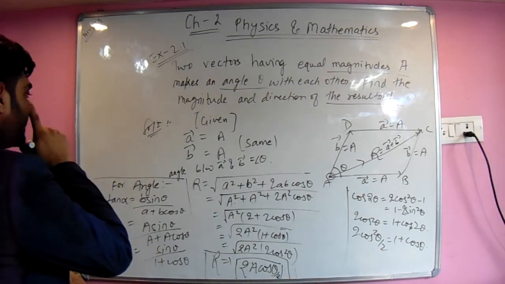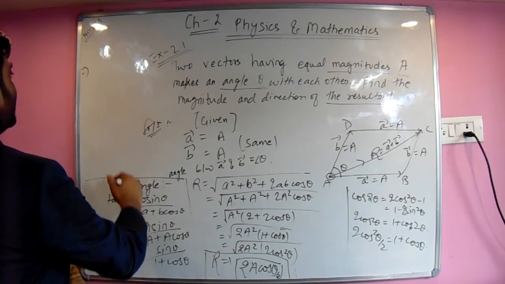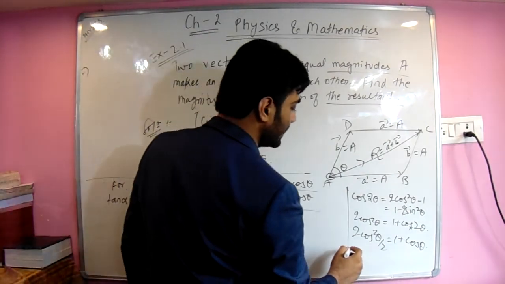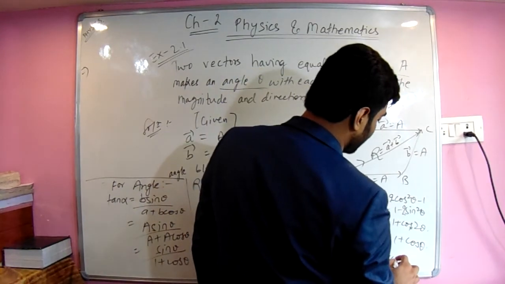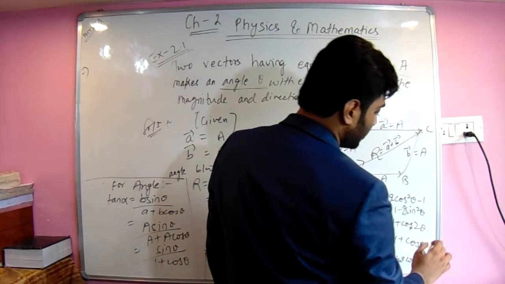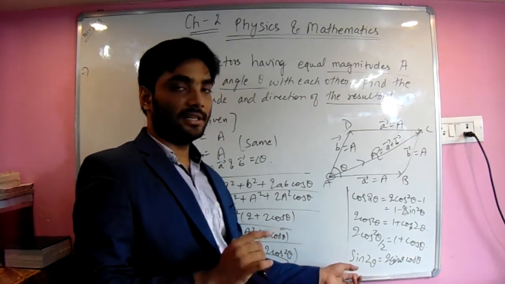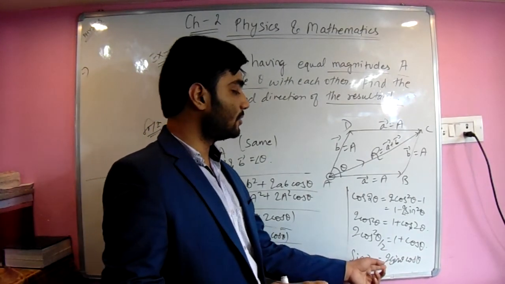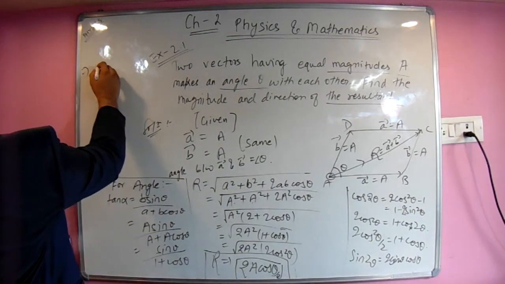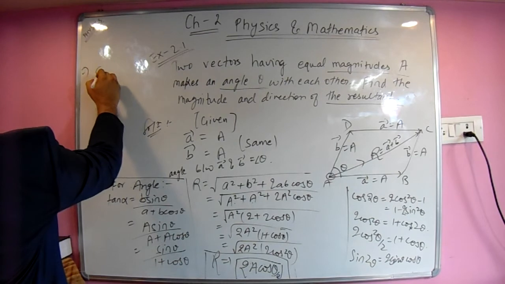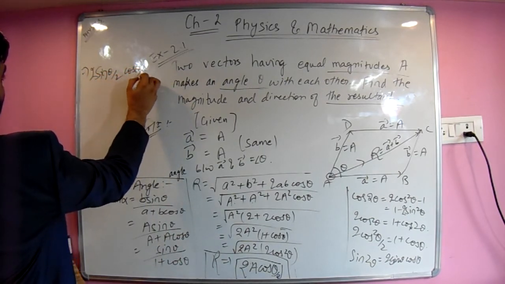Now I can solve this. You know the sin 2 theta formula: 2 sin theta cos theta. So sin theta is equal to 2 sin theta by 2 cos theta by 2.